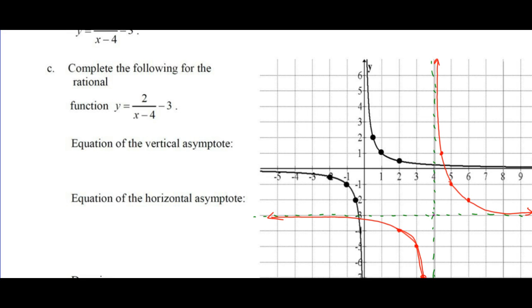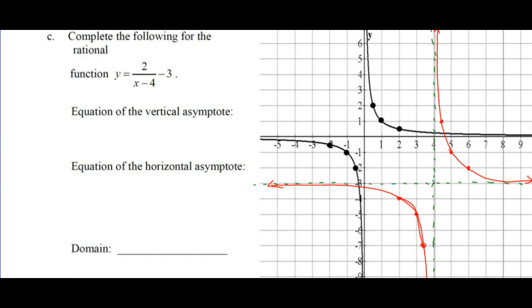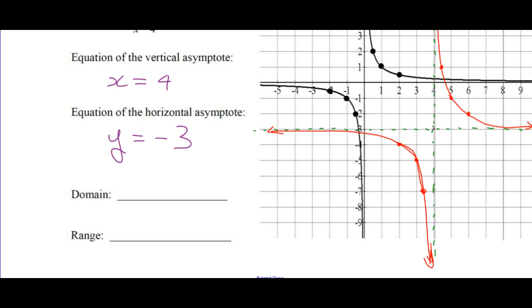Okay, what's the equation of the vertical asymptote? x equals 4 now, because we moved right 4. What's the equation of the horizontal asymptote? y equals -3. What's the new domain? No, the asymptote is x equals 4, and the domain is not.